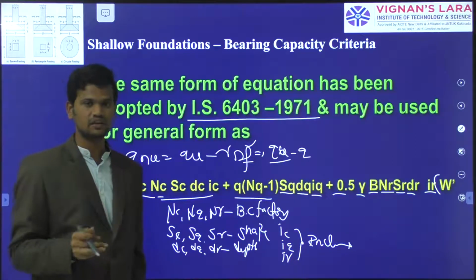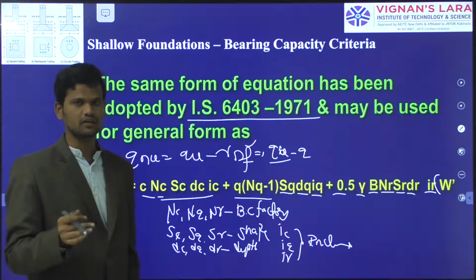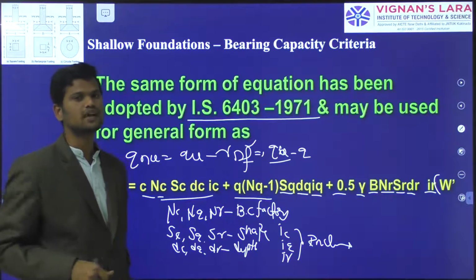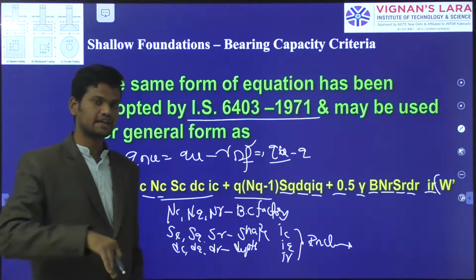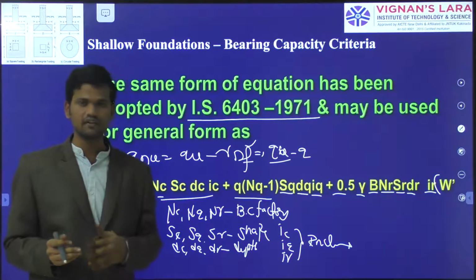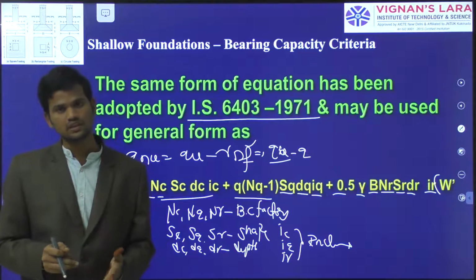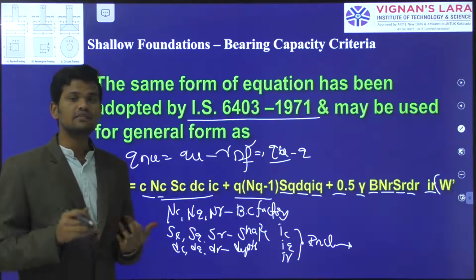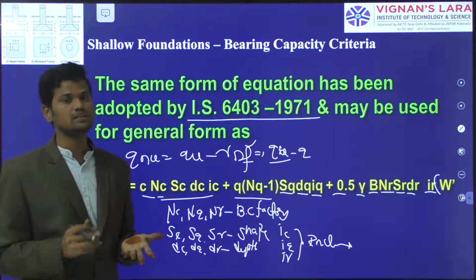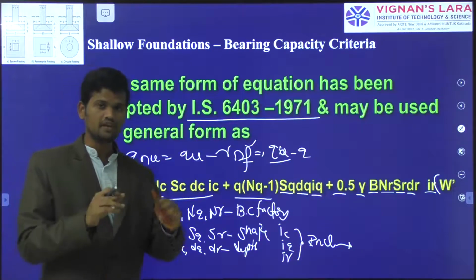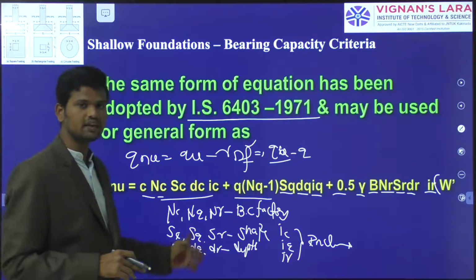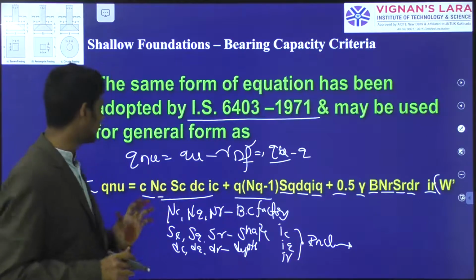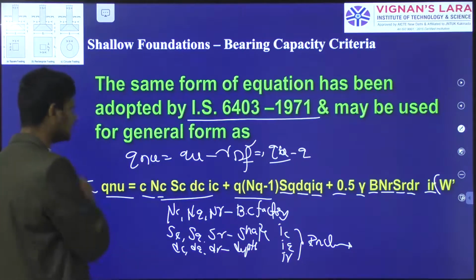Based on the given formula, we substitute the depth of the foundation and width of the foundation. If it is rectangular, the shape factor will vary; if it is strip footing, the shape factor will vary; if it is square footing, the shape factor will vary. Based on the type of footing, we use these shape factors and bearing capacity factors to calculate the net ultimate bearing capacity.